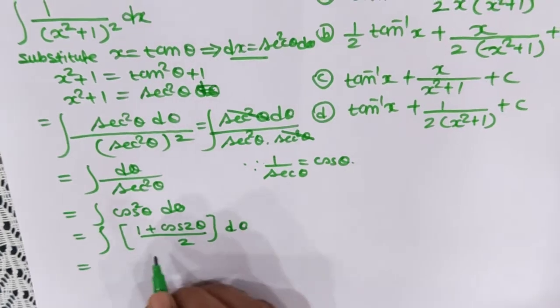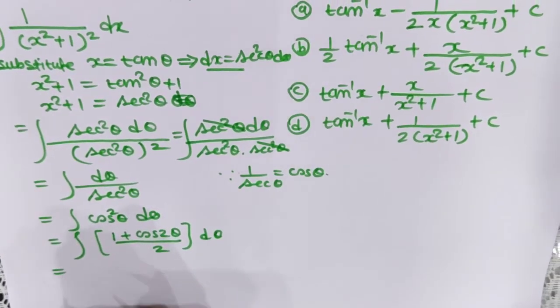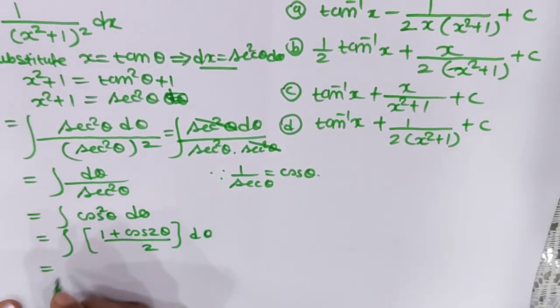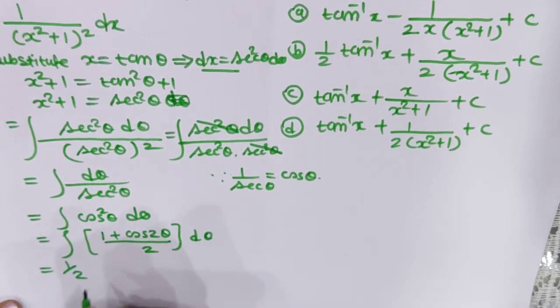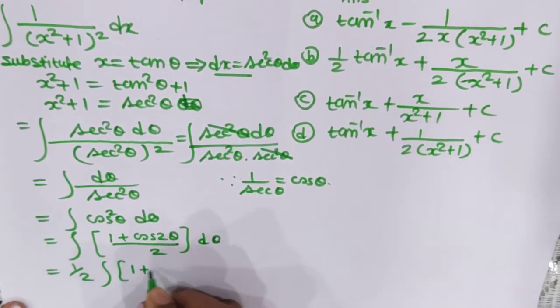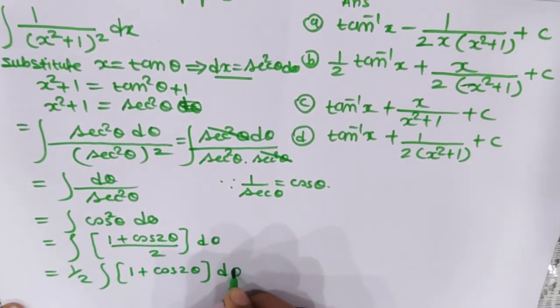So according to that, take out this 1 by 2 outside. What is remaining? Integration inside the bracket, 1 plus cos 2 theta d theta.